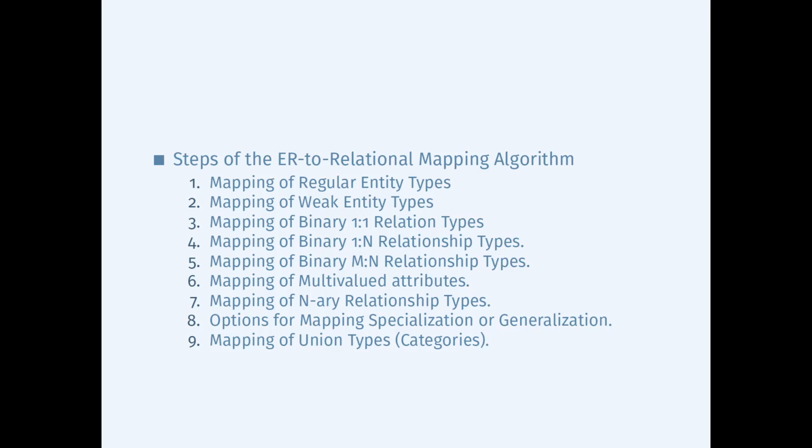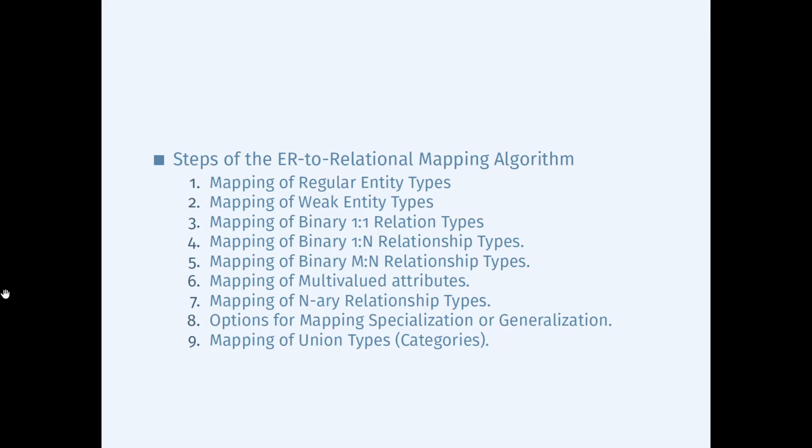For the weak entity type also, we will create a separate relation, and then we have an identifying relationship coming from the connected entity. Then you have mapping for one-to-one, one-to-many, and many-to-many relations. Then you have mapping for multivalued attributes, n-ary relationship types, and then mapping specialization and generalization, and finally mapping of union types.